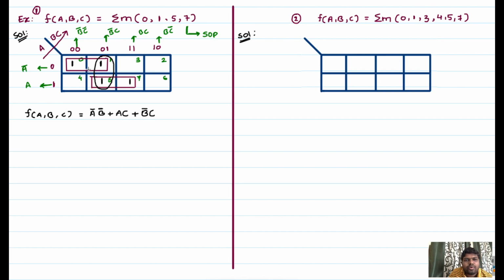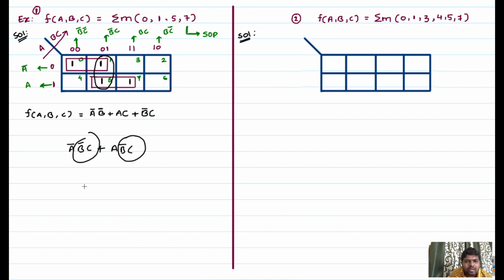For example, if you write the individual square boxes, first I am taking the first square box, which is associated with a bar and b bar c, so I will take a bar b bar c, plus the fifth square box, which is associated with a as well as b bar c, so here I am taking a b bar c. So out of these two product terms, the common element is this b bar c only, right?